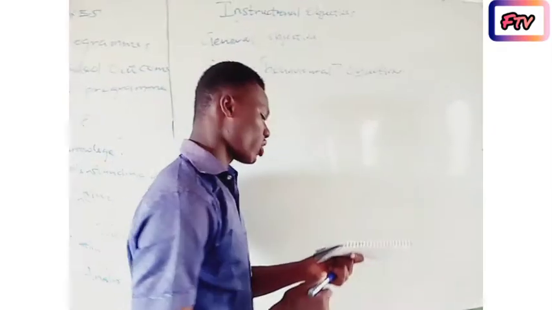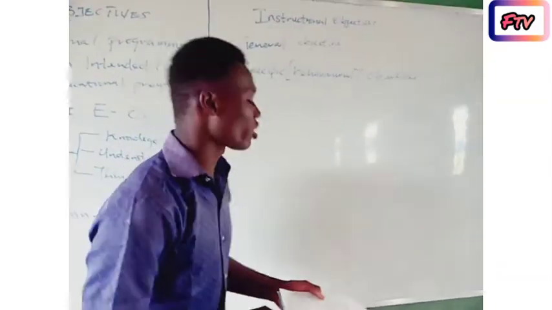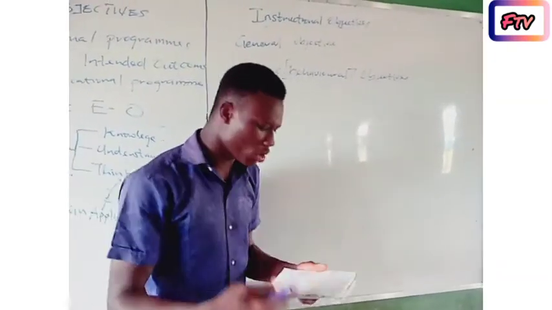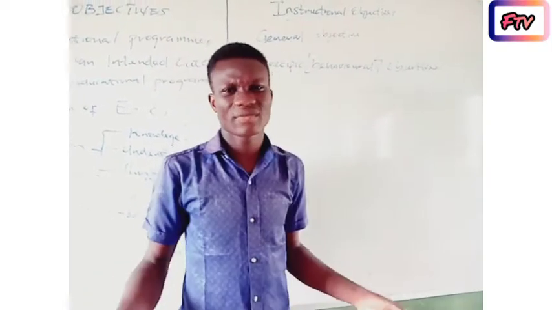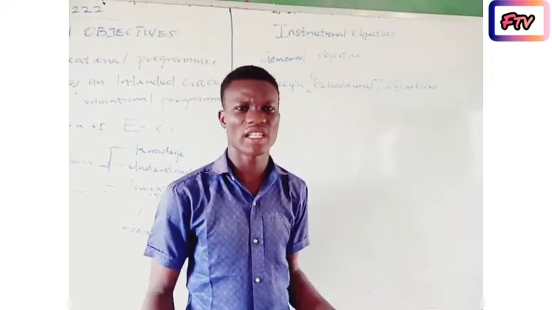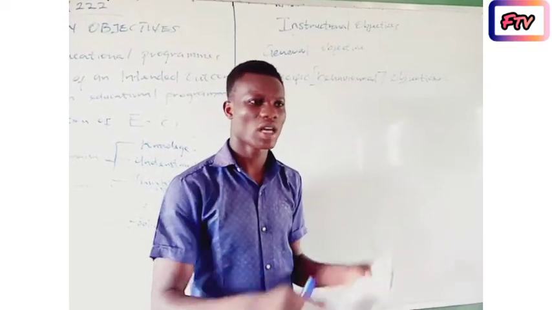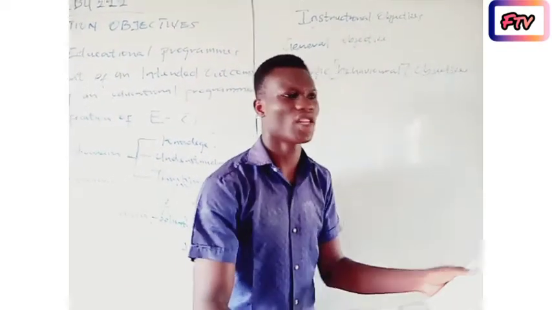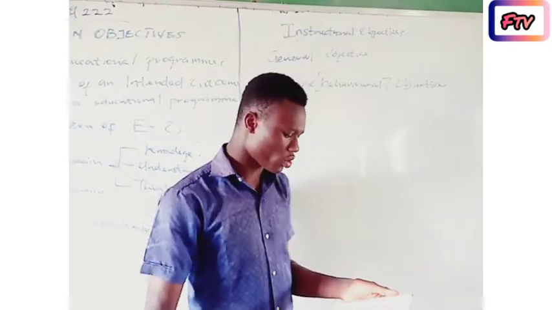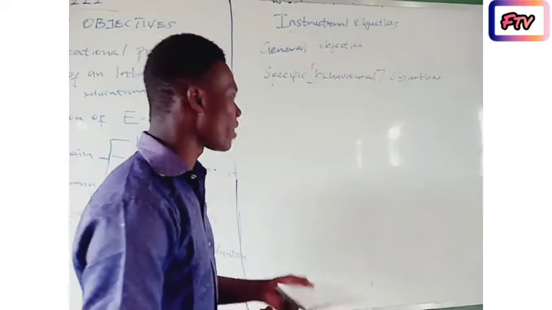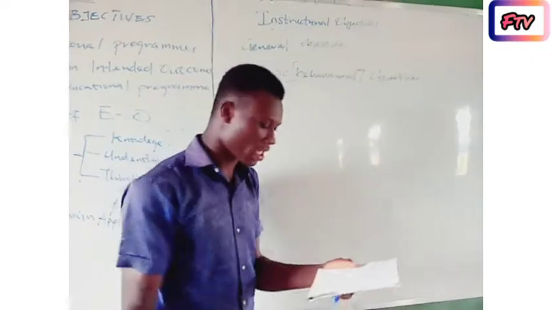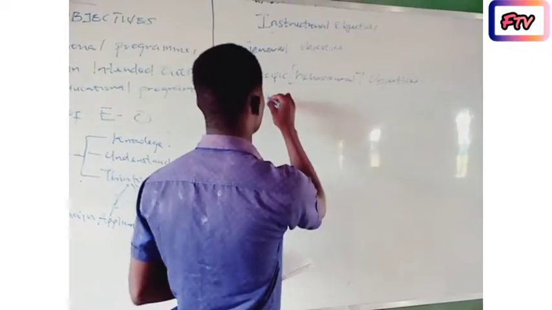This general objectives is just talking about that students must be able to know common terms, must be able to comprehend, and must be able to explain vividly all explanation, all definition, must be able to explain all those things. And the specific is just talking about, there are some verbs that are used there.